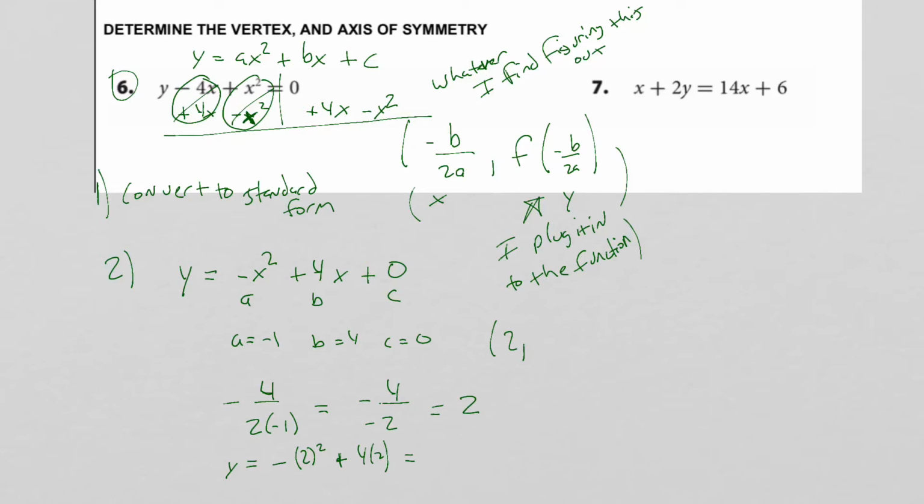So you have negative 4 plus a positive 8, and that's 4. So that makes my vertex 4. And remember, the axis of symmetry is always the x-coordinate of the vertex. So here x is equal to 2. That's the axis of symmetry for problem 6.